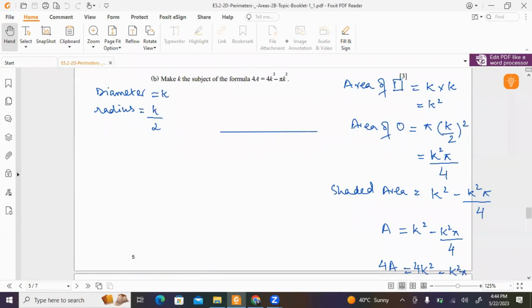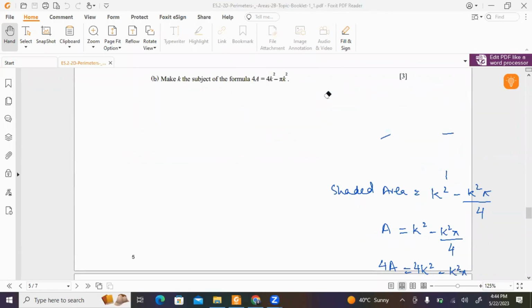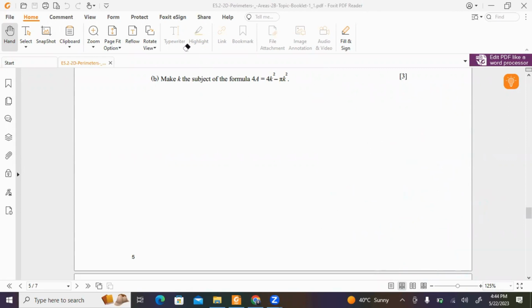So we have 4A equals 4k square minus k square pi, and we have to make k the subject.